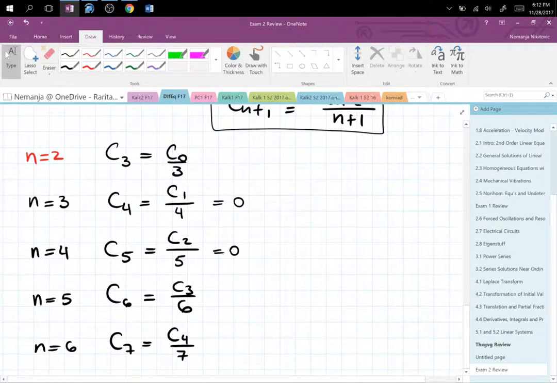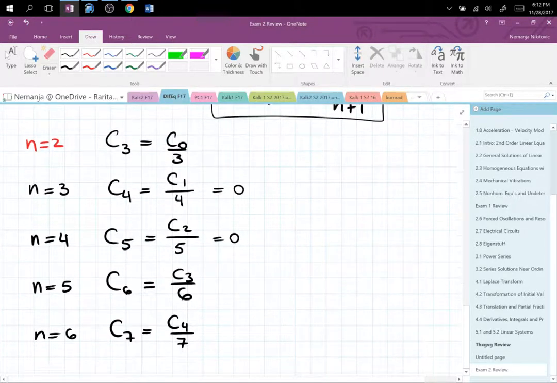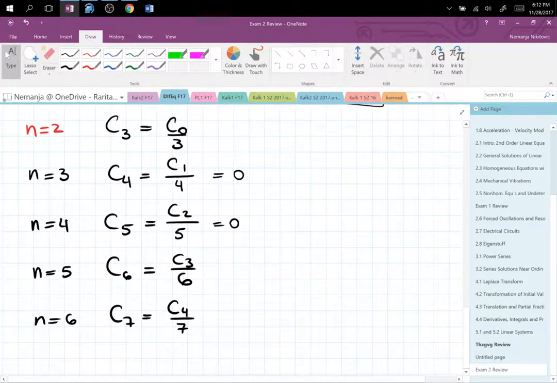Now, you see that there are a lot more terms that you need to write in order to get this all the way to the end. But C3 survives and C0 survives. Now C6 is in terms of C3, so that's going to be C0 over 18, and that one survives.